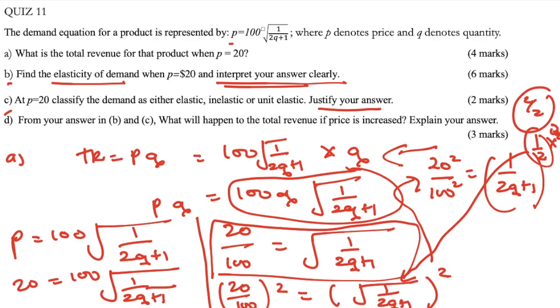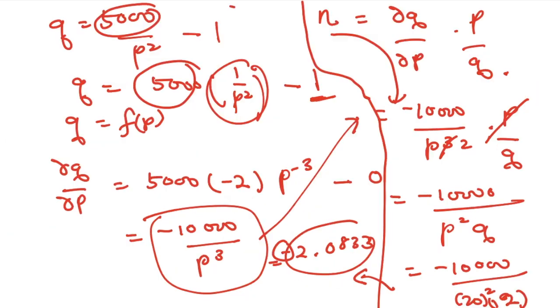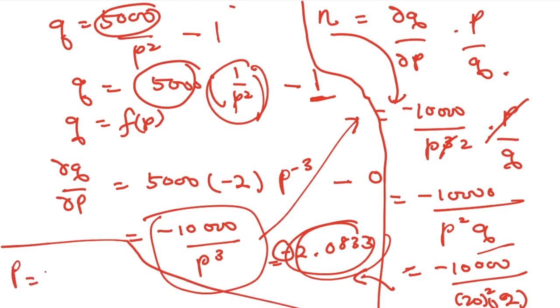How do you interpret it? This is where many students get it wrong, because the right way to interpret is like this. The minus sign shows you the relationship between price and quantity demanded. This is the way we interpret it: when price increases by 1%, but you have to write in full sentences.